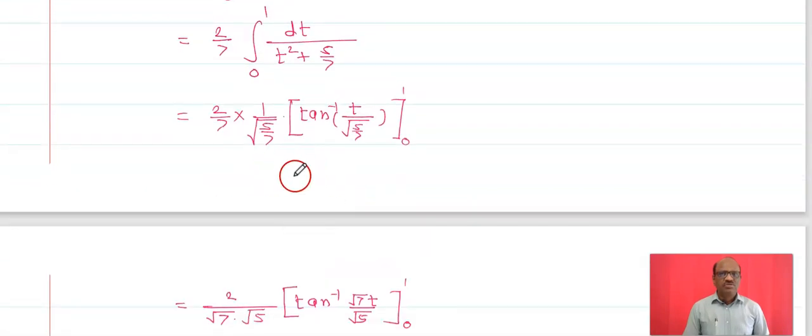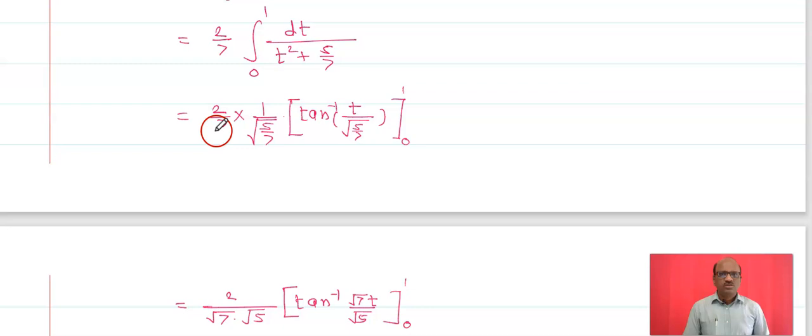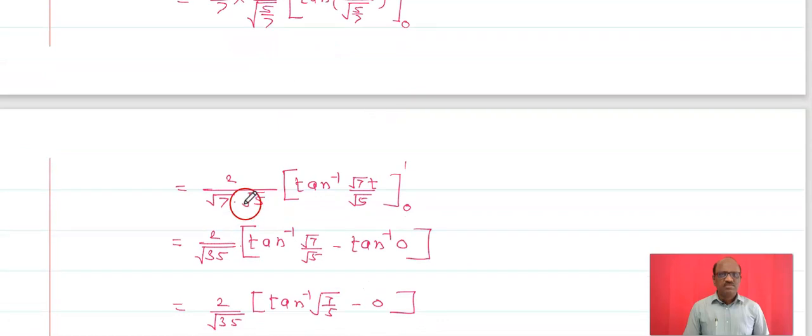And therefore we will substitute the upper limit and the lower limit. Then you will get 2 by 7 into 1 upon root 5 upon root 7, and 7 upon root 7 is root 7. Therefore, you will get 2 upon root 5 into root 7, tan inverse of root 7 t upon root 5, from 0 to 1.